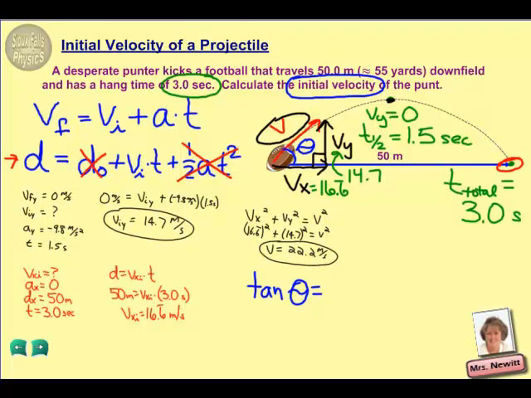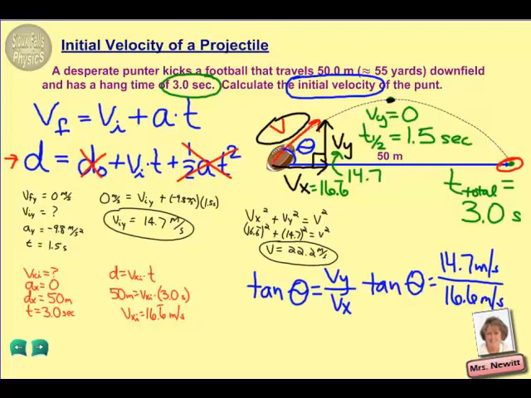Okay, tangent is opposite over adjacent. The opposite side in this case is the Vy. The adjacent side is the Vx. So we would then have tangent of our angle is equal to 14.7 meters per second divided by 16.6 meters per second, and that will give us then an angle of 41.4 degrees.